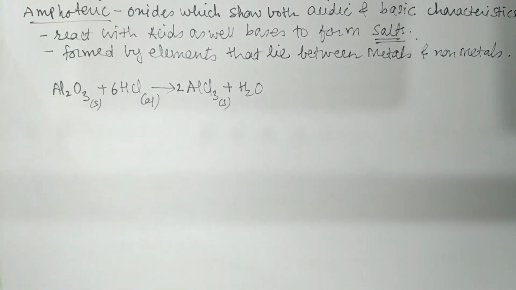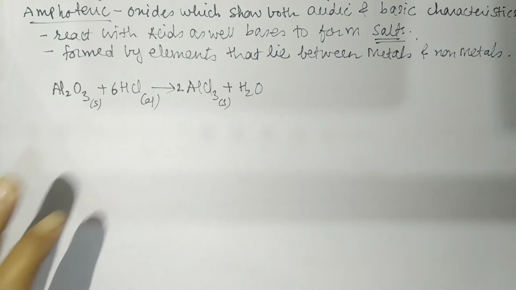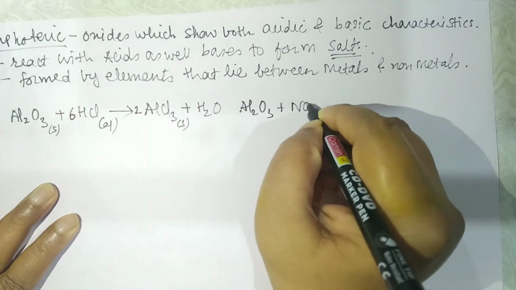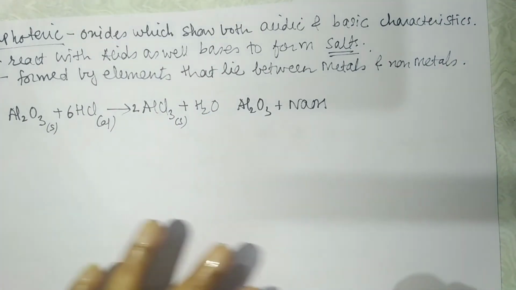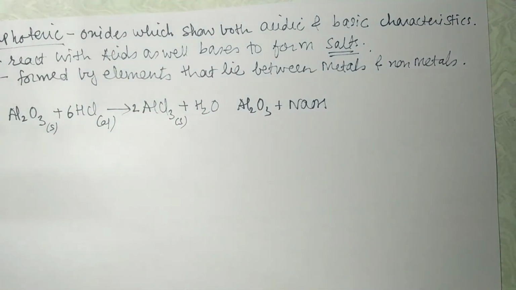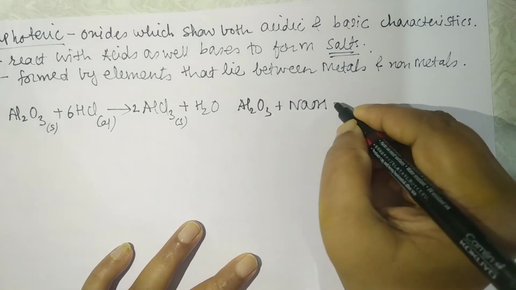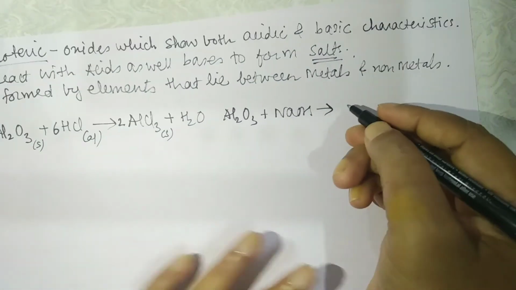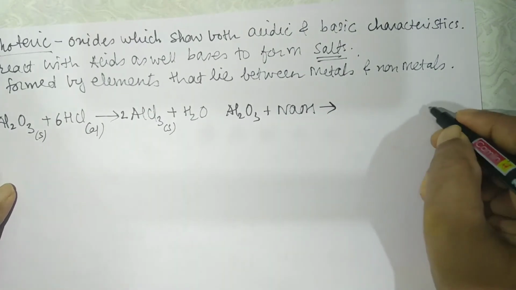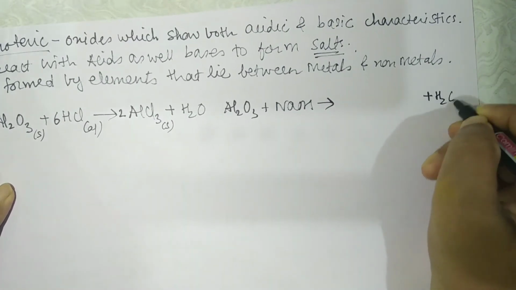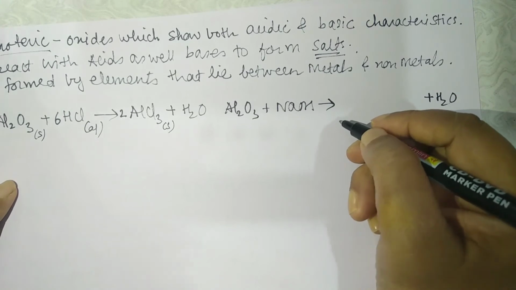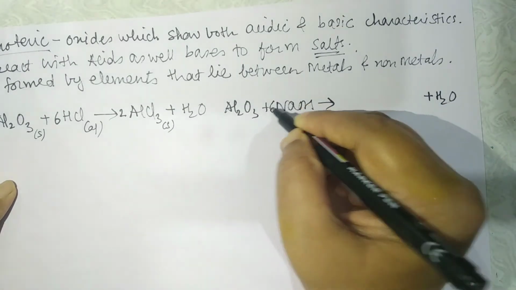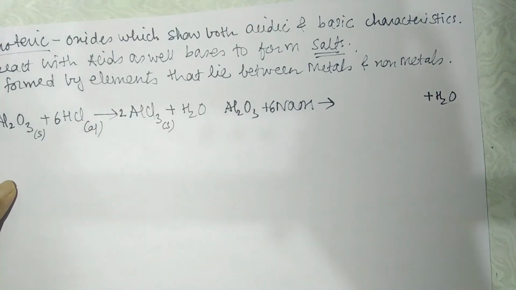Now let us see what happens when it reacts with a base. The second reaction is Al2O3 with the base NaOH. First you have to remove water, and then I will write the remaining. Let us take 6 moles according to the valency of aluminium. So I will write 6 here.